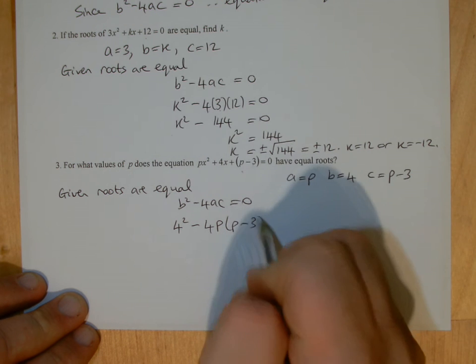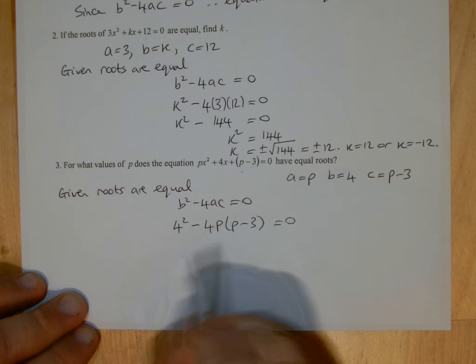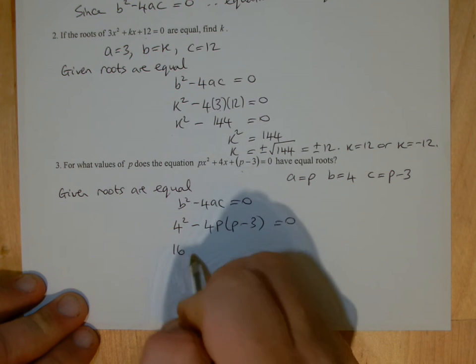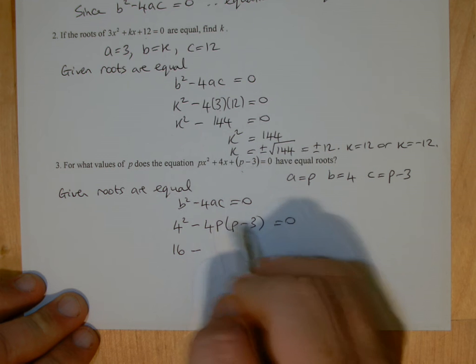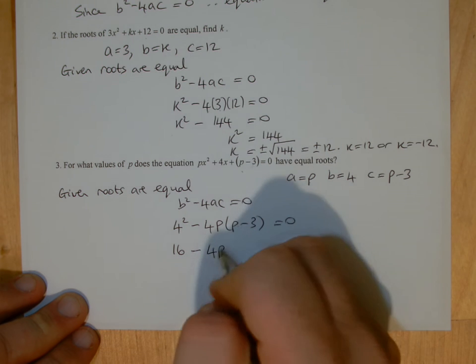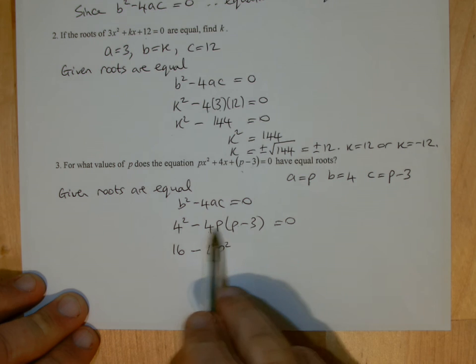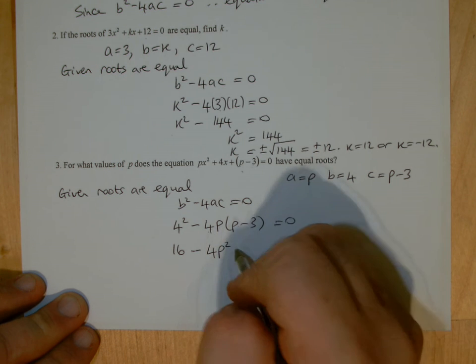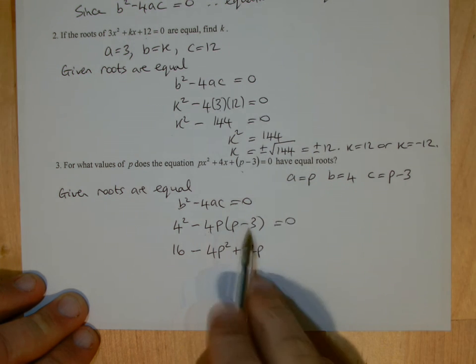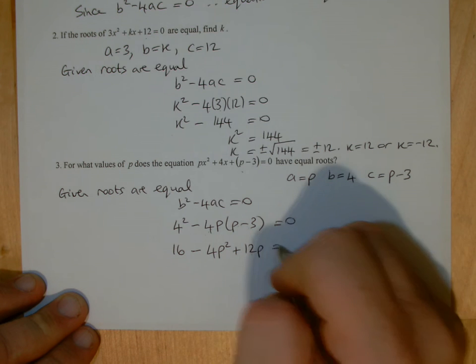Put that in the bracket there, equals 0. What we can do then is tidy this up. 4 squared obviously is 16. If we expand this bracket, you've got minus 4p times p, which is minus 4p squared. Minus 4p times minus 3 is plus 12p. Don't forget, minus times a minus is a plus, equals 0.